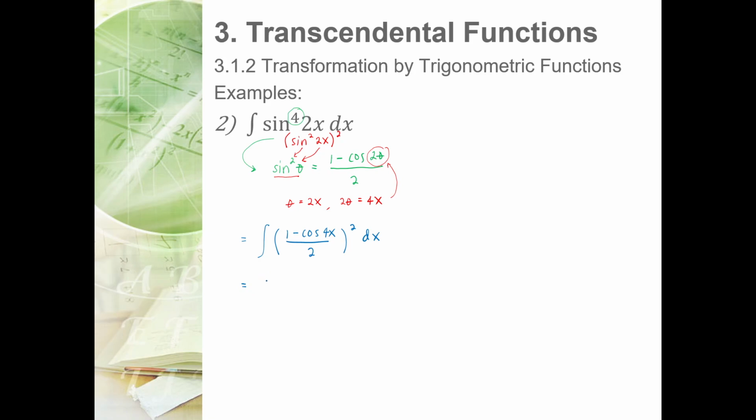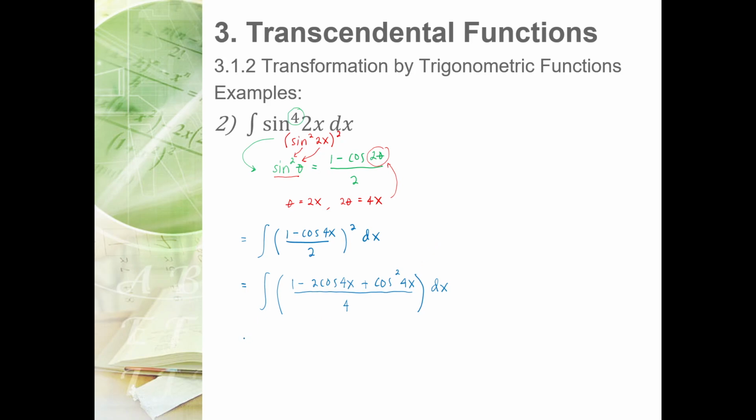So this becomes the integral of 1 minus 2 cosine 4x and then plus cosine squared 4x. Then again, since it's squared, that will be over 4 dx.